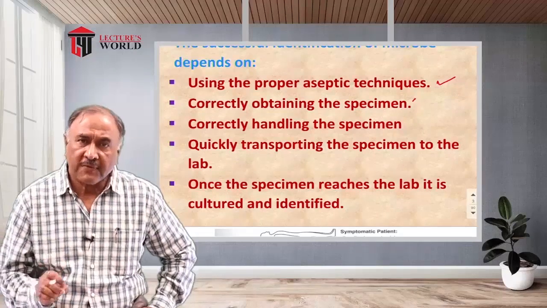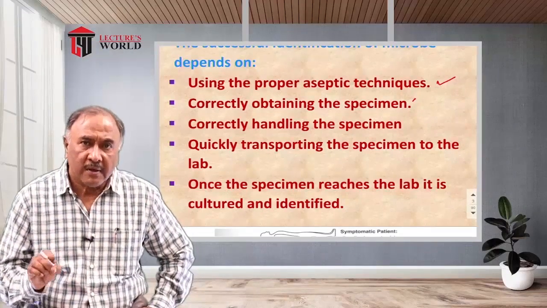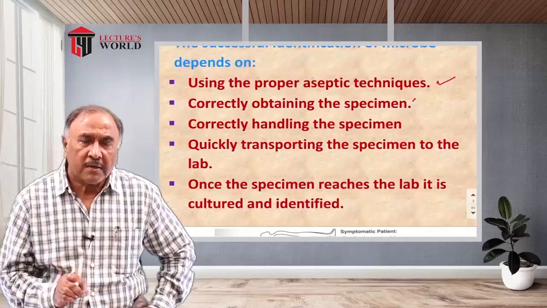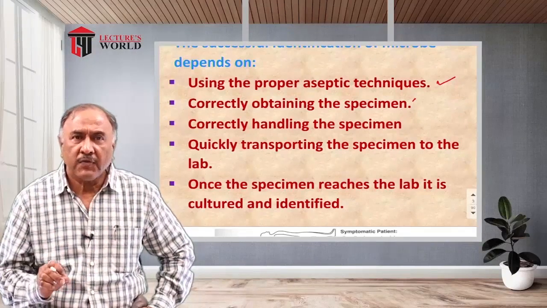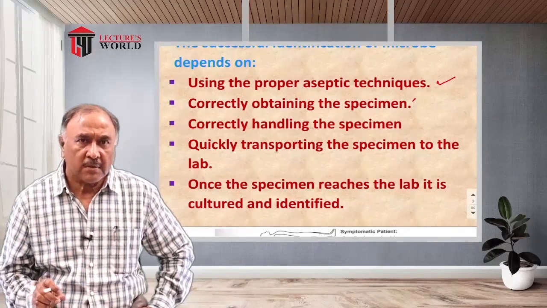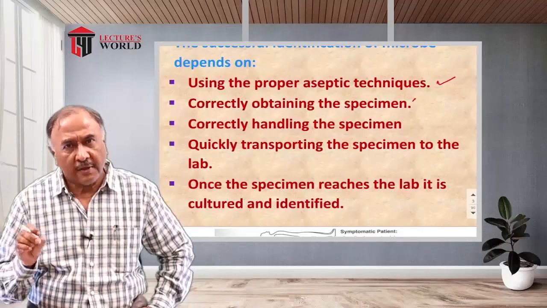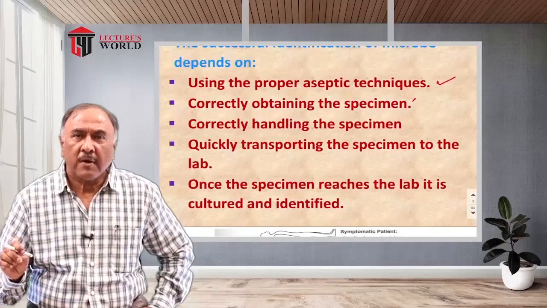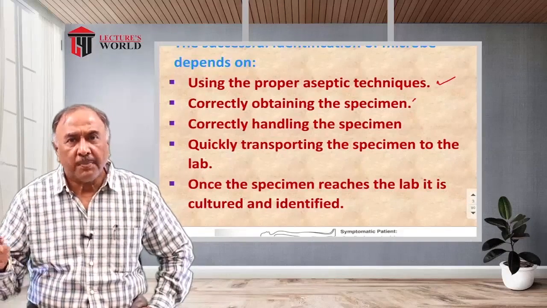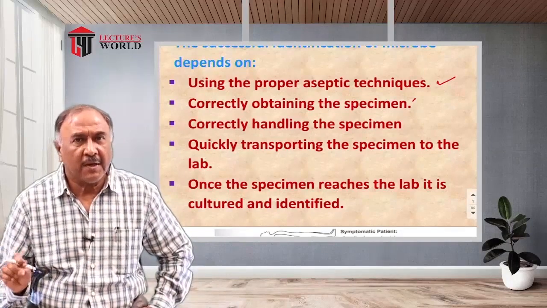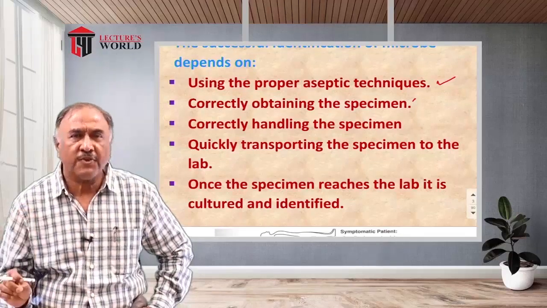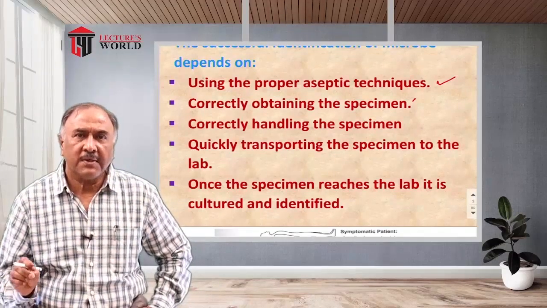Usually this task is done by a doctor himself, or it can be instructed by a doctor or a trained staff, either nurse or technician, to the patient. The patient has to be given clear instructions how the sample is to be collected.